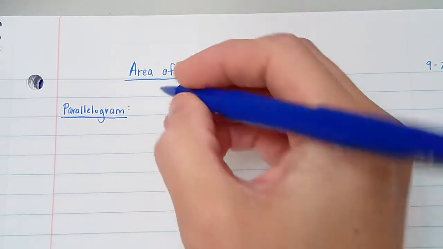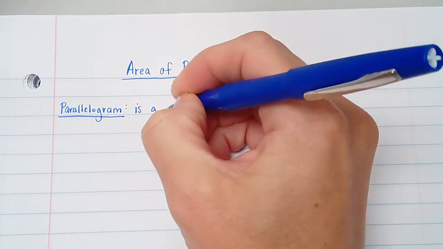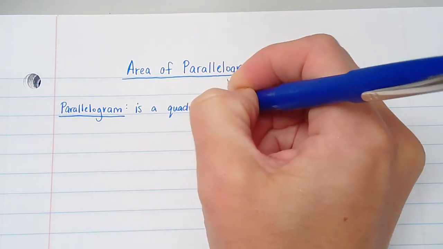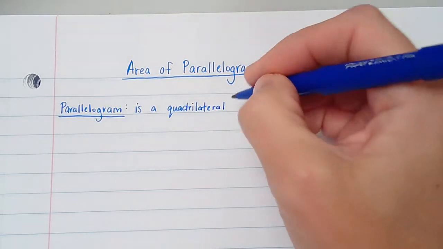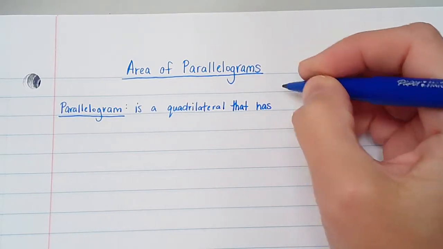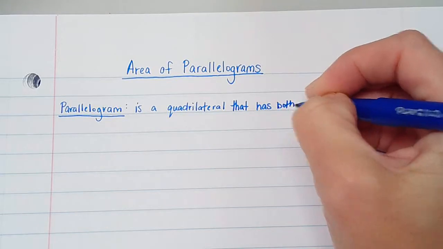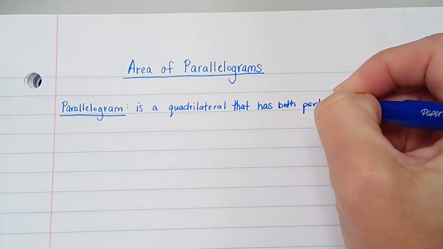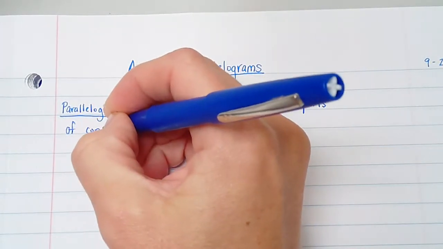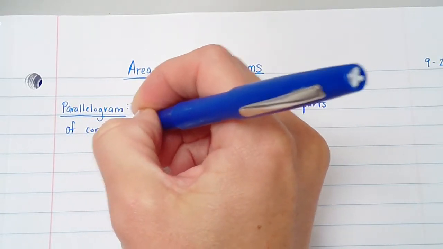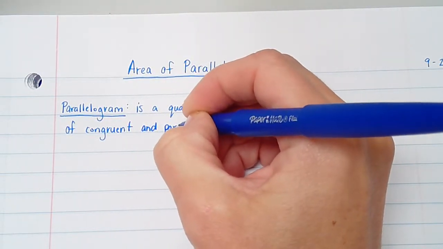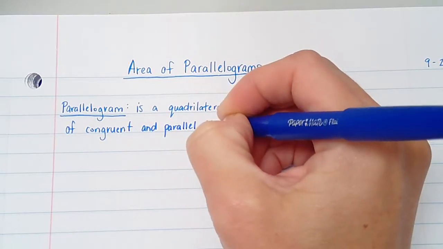A parallelogram is a quadrilateral, which is a fancy word for saying it's a four-sided shape that has both parts of congruent and parallel lines.